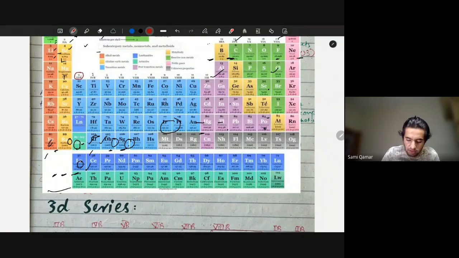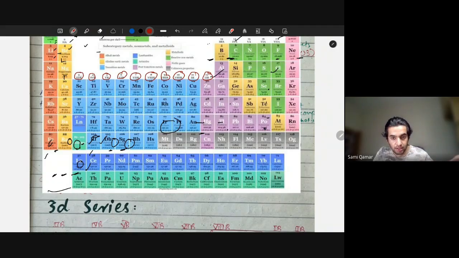This is our 3B, this is our 4B, then this is 5B, 6B, 7B, 8B, and this is again 8B, because in 8B we have 3 columns. This is again 8B, and then this is our 1B, and this is our 2B. So you should have a clear idea of how these are arranged.